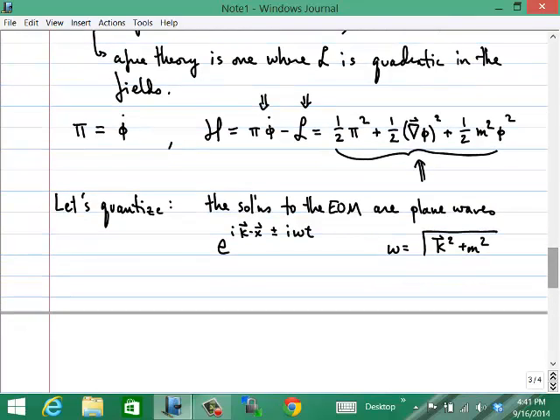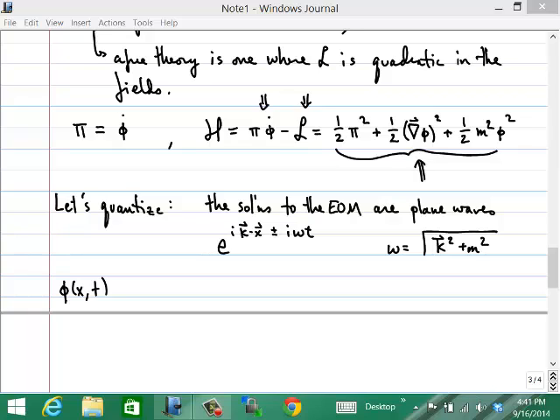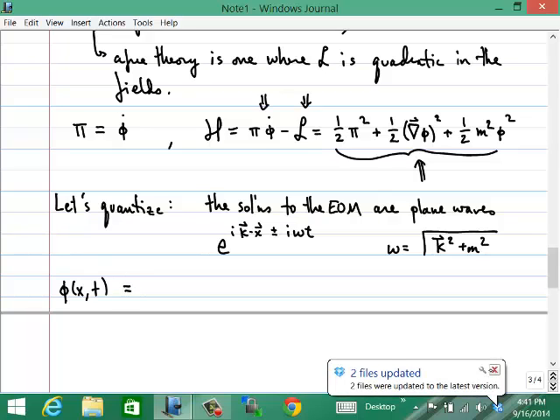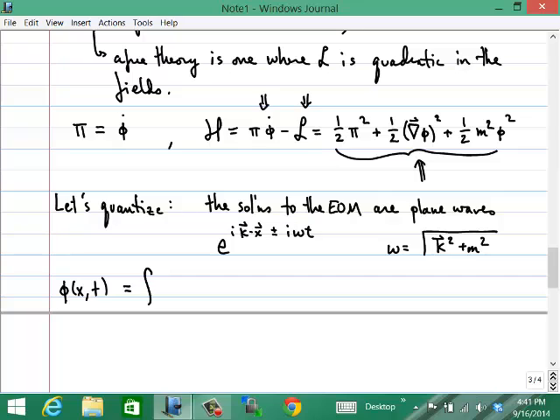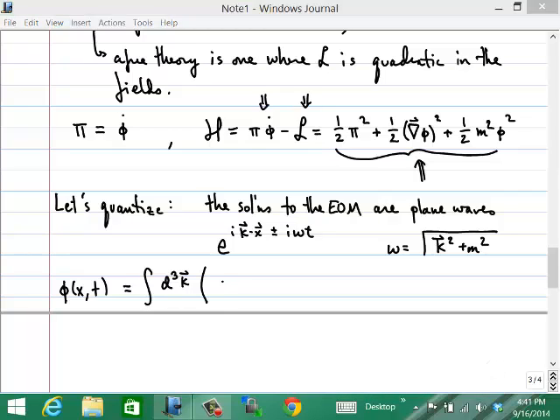So we can always just expand any field phi in terms of this basis of plane wave solutions to the equations of motion, and it'll take the form integral d3k times some Fourier mode, I guess last time I called it a sub k, times e to the i k dot x minus i omega t.